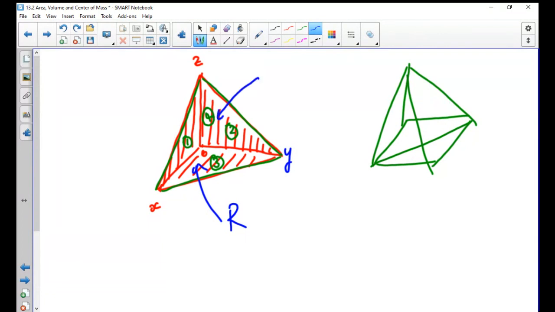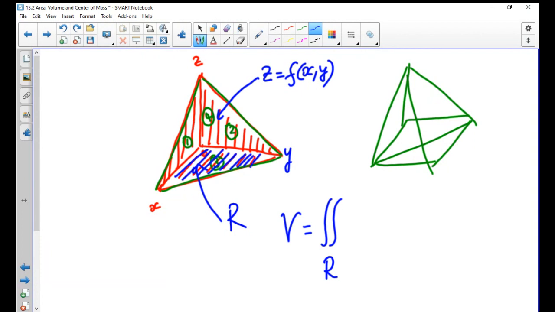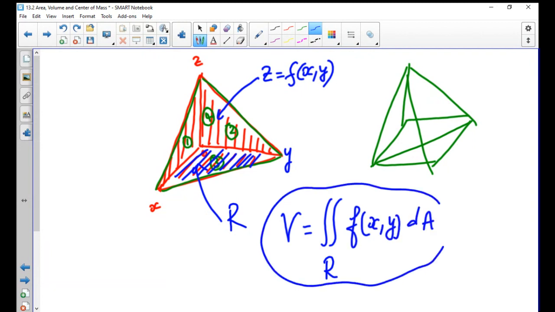And the function f you want to integrate will be the cover. What is covering this? So this will be z equal f of x, y. Then the volume of this will be the integral over the region R of the cover function f of x, y dA.